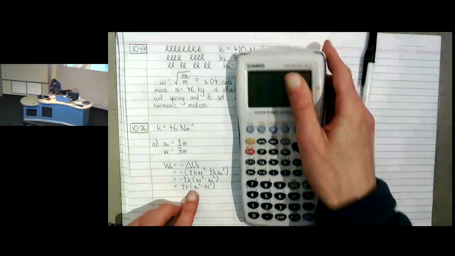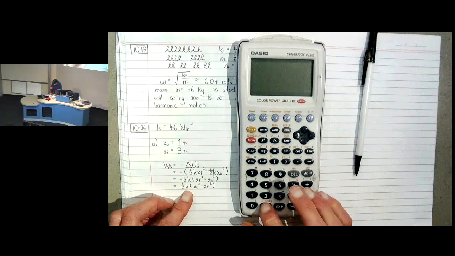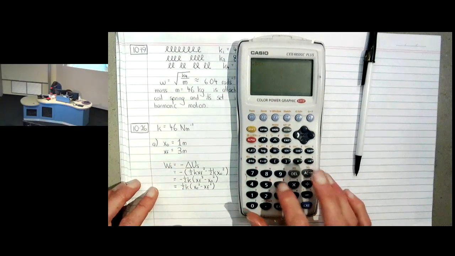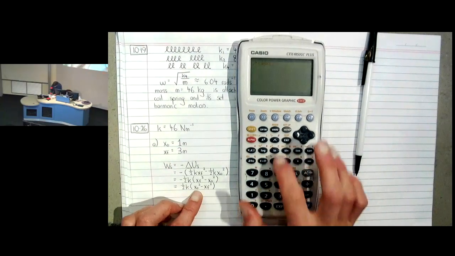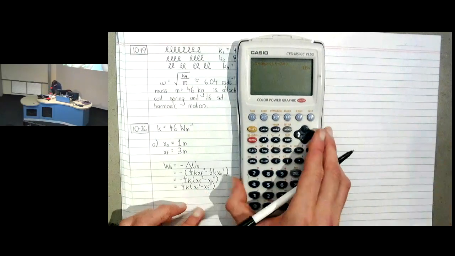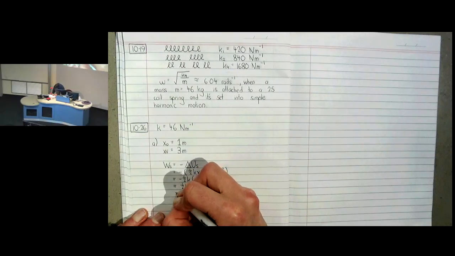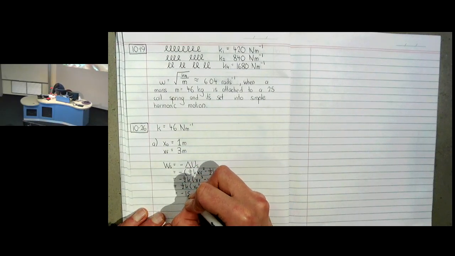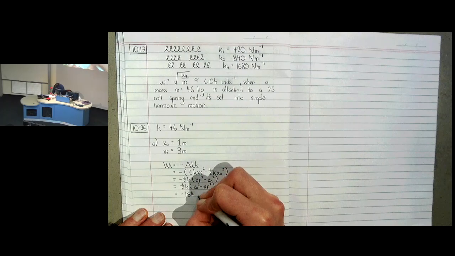And so just plugging numbers into this formula then, X0 is 1 minus 3 squared, and so in this case I get minus 184 joules.